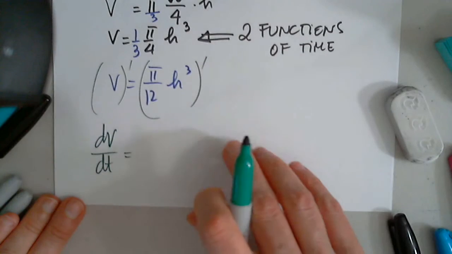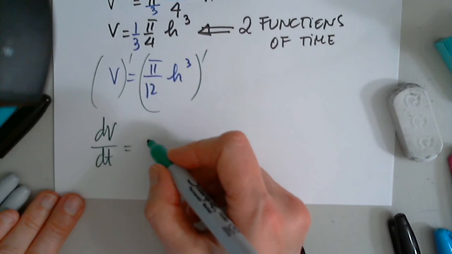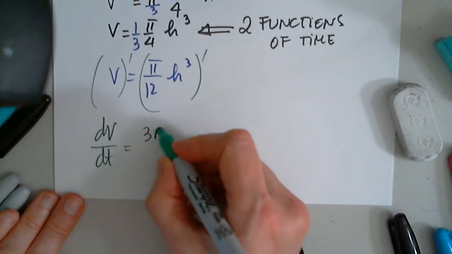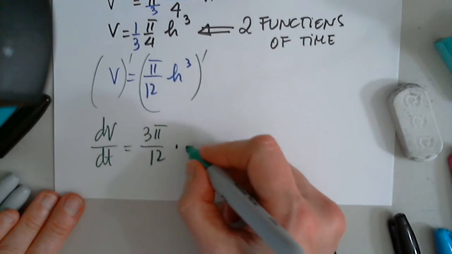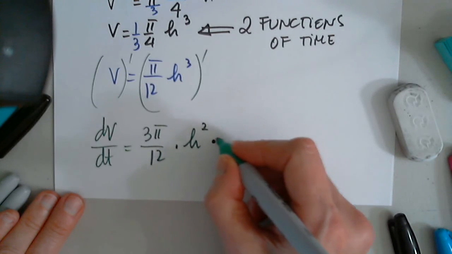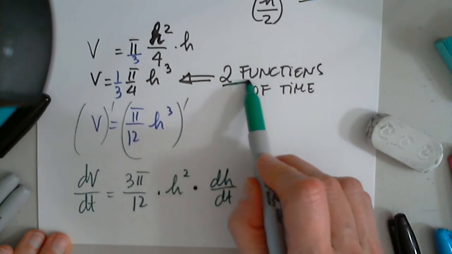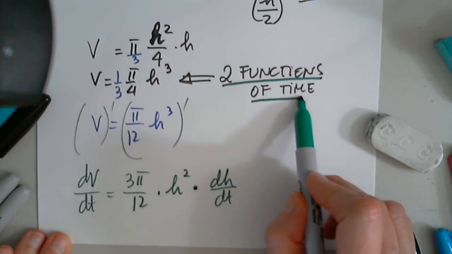What do we have on the right-hand side? Three pi over 12 h squared times dh dt. That's why I wrote here that we have two functions of time.